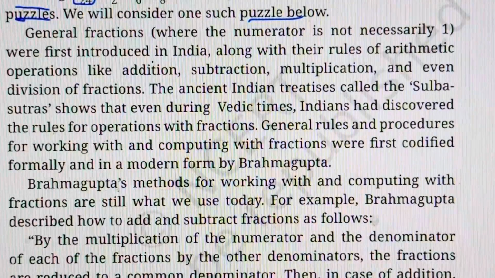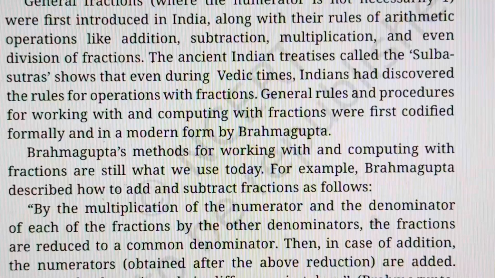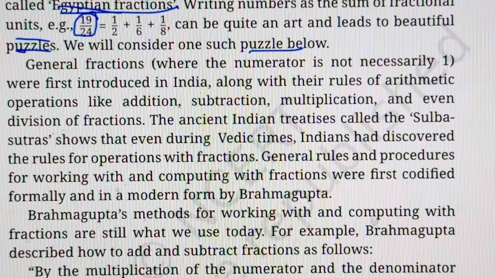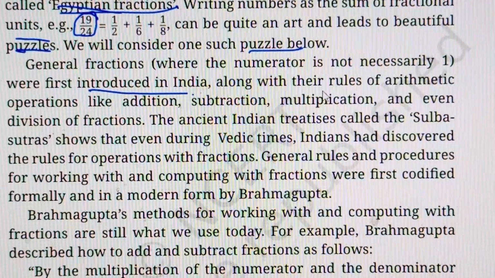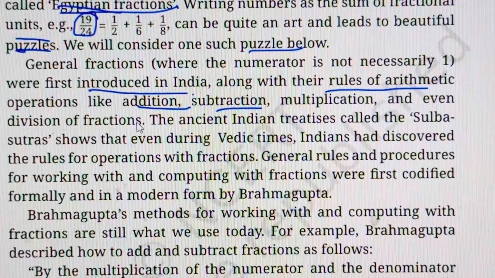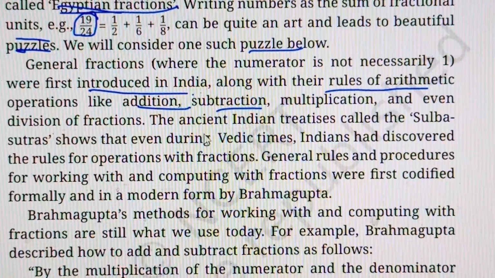Now, general fractions where the numerator is not necessarily 1, the Egyptians used only fractional units, that is, the numerator as 1. These other fractions were first introduced in India, along with their rules of arithmetic operations like addition and subtraction, and even multiplication and division of fractions.